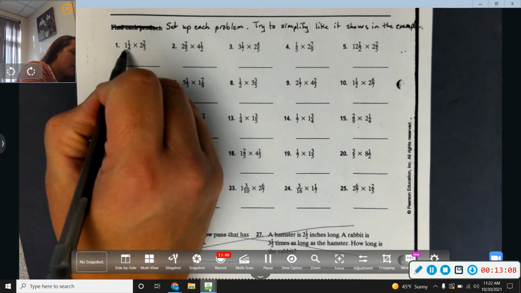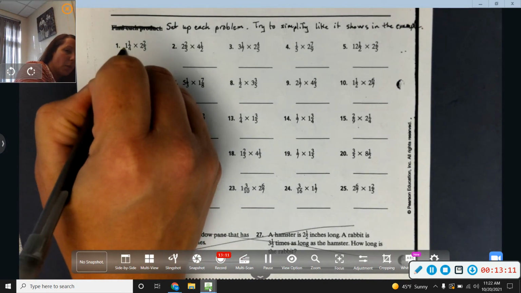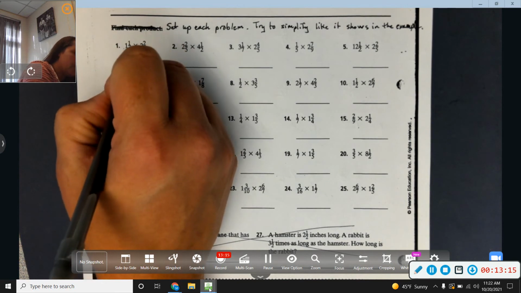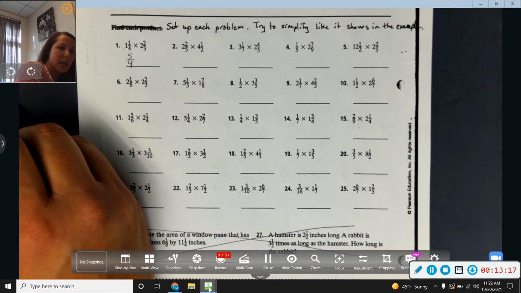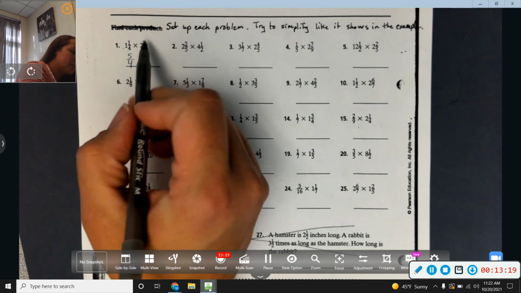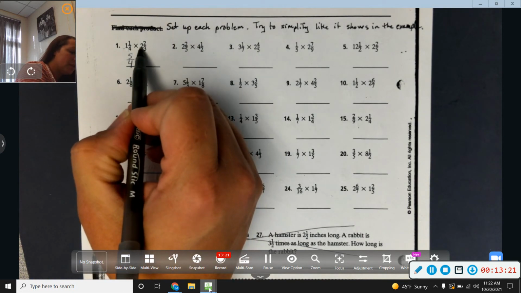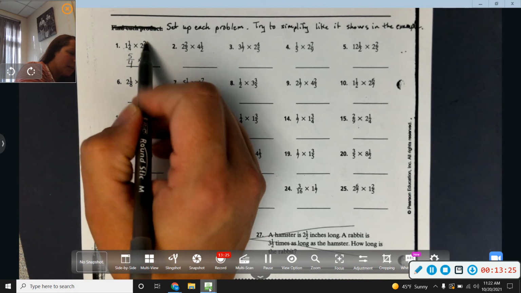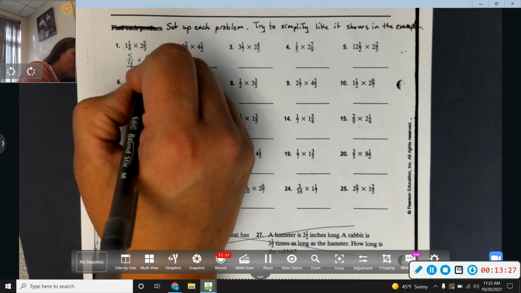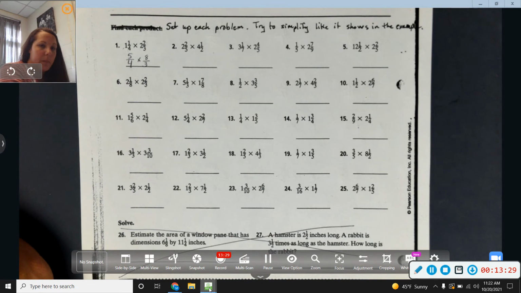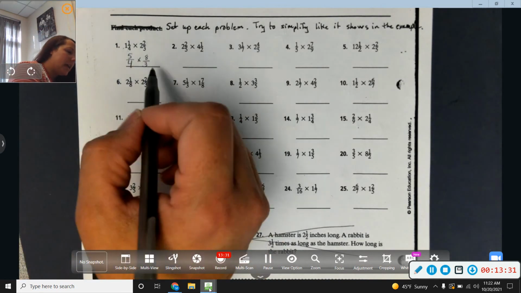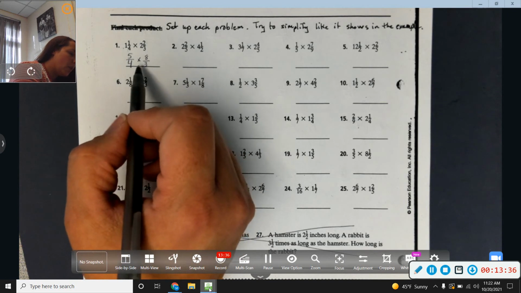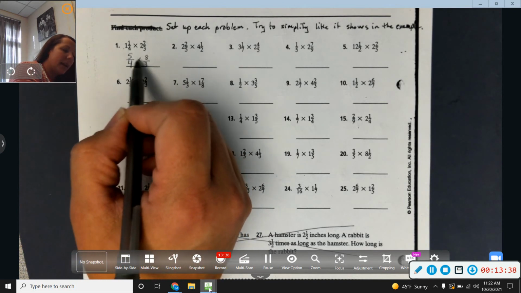So we have 4 times 1 is 4, plus 1 is 5, over 4, my denominator doesn't change, times 2 times 3 is 6, plus 2 is 8 over 3. Okay? If I simplify, I know I can simplify the 8 and the 4.